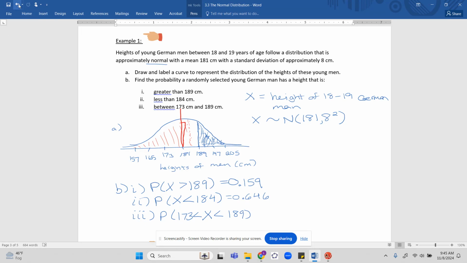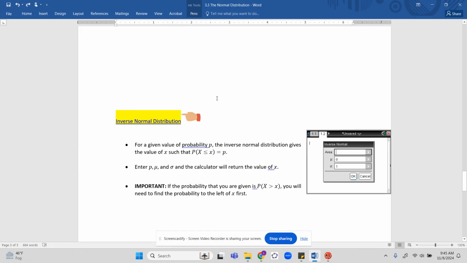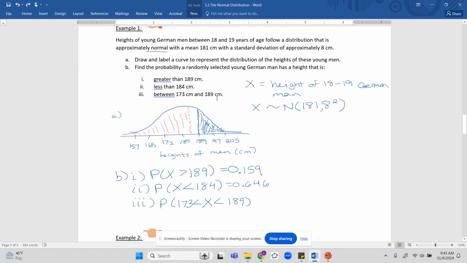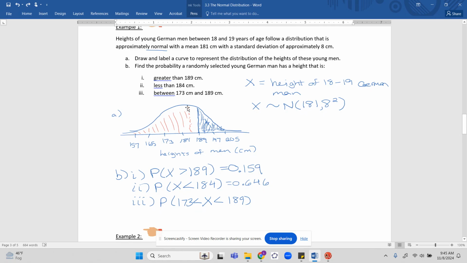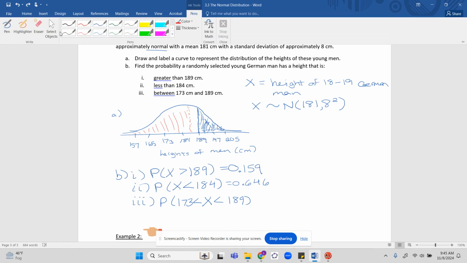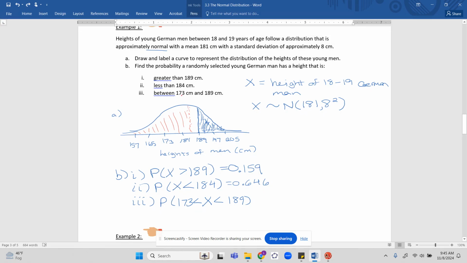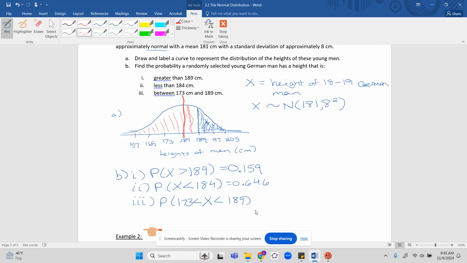And so definitely 184 is more than half the curve, so the probability is more than 50%. So that does make sense to us. That's the halfway point, and 184 was more than halfway. It's maybe around there. So let's write 0.646.